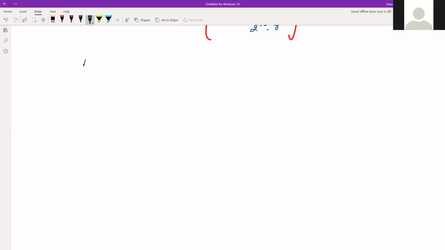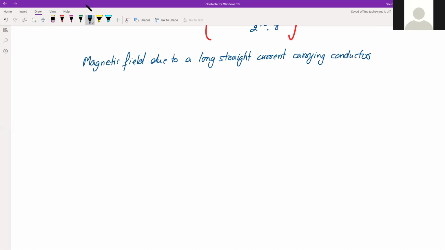So our next topic is magnetic field due to a long, straight current carrying conductor. Now this is also important because the result of this topic we are going to use again somewhere later in the chapter. So that's why this topic is actually very important.